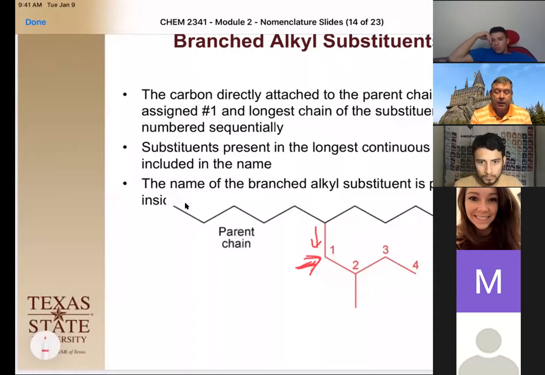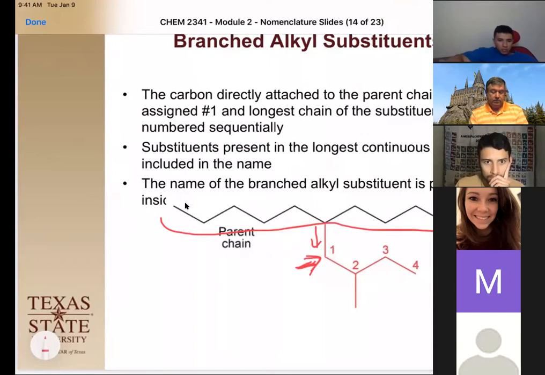So now that we know that, we have still our longest parent chain here. 1, 2, 3, 4, 5, 6, 7, 8, 9, 10, 11. So this is now undecane because it's now 11 carbons long, but our side chain here has a total of 5 carbons, but the longest continuous chain in that means the substituent needs to be called 1, 2, 3, 4, butyl, right here.